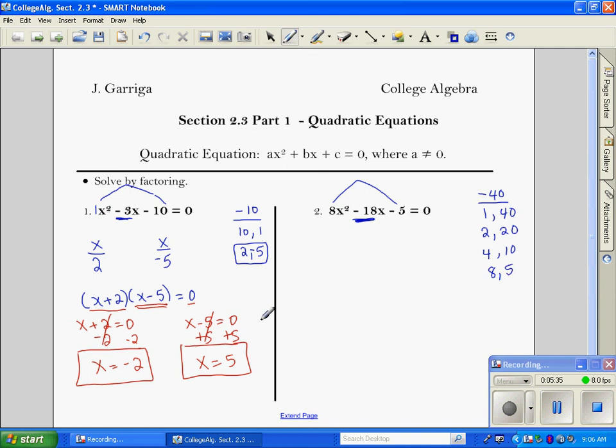But one has to be positive and one has to be negative for it to multiply to be negative. But I want to use the two that give me a negative 18. The only ones that could give me 18 are these two numbers, and then I say, oh, 20 needs to be negative. These are my factors, and that's the one I'm going to use.